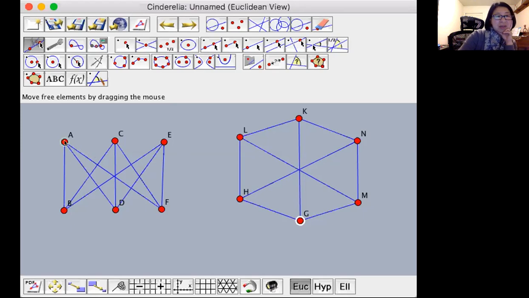When I look at the degree of every vertex in this graph, I get degree 3, degree 3, degree 3. All the vertices have degree 3. And actually, the same is true for the other graph. All of the vertices have degree 3. If I count up the number of edges in the first graph, I get 9. If I count up the number of edges in the second graph, I get 9.